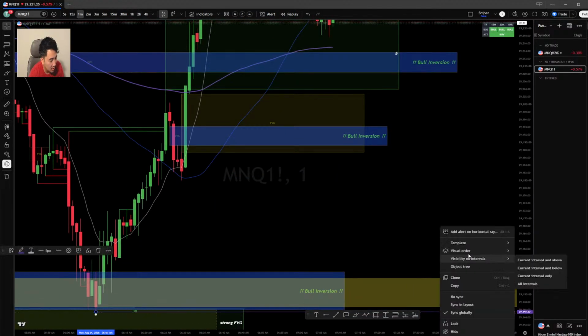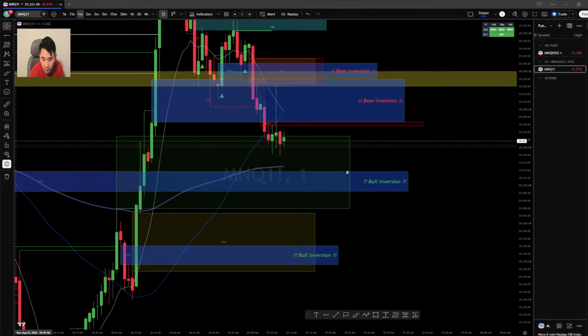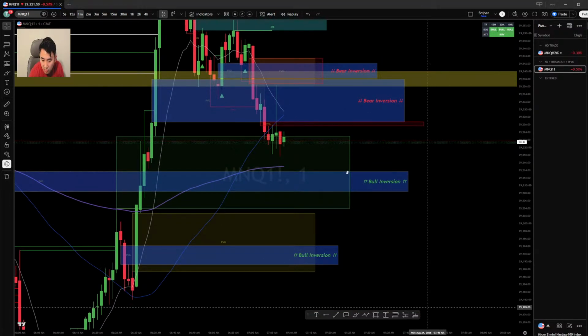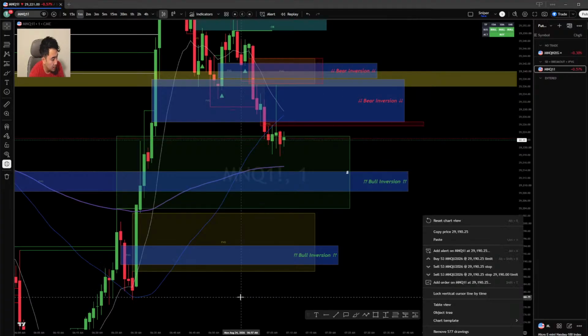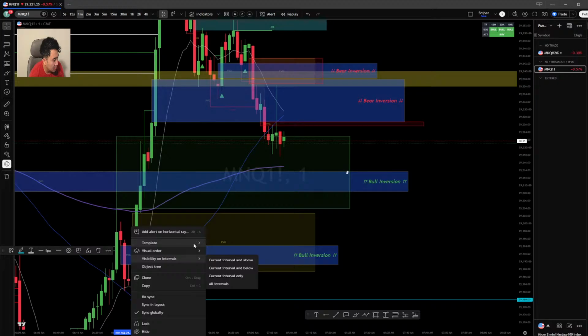One minute liquidity down here. It's only 15 seconds, 15-second liquidity off of this candle low.